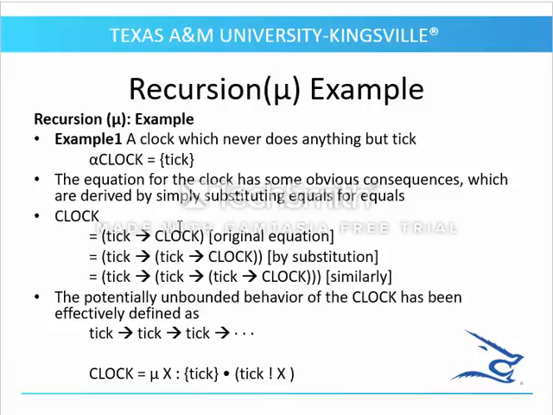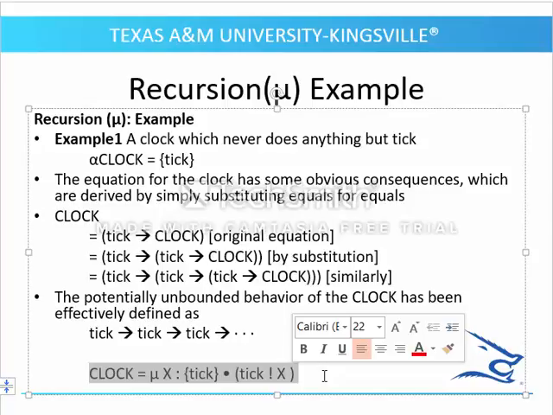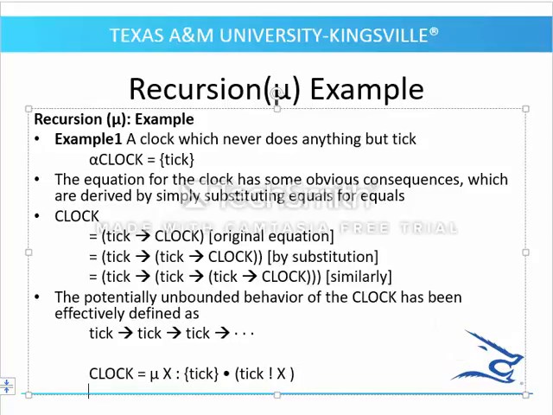Now the clock is a recursive function again, so substituting this equation into the second equation would give tick, then tick, then clock. Likewise, we can derive an n number of equations. To reduce this, we can squeeze those equations and write a notation like the one shown on screen. It is a CSP notation to write a recursive function.